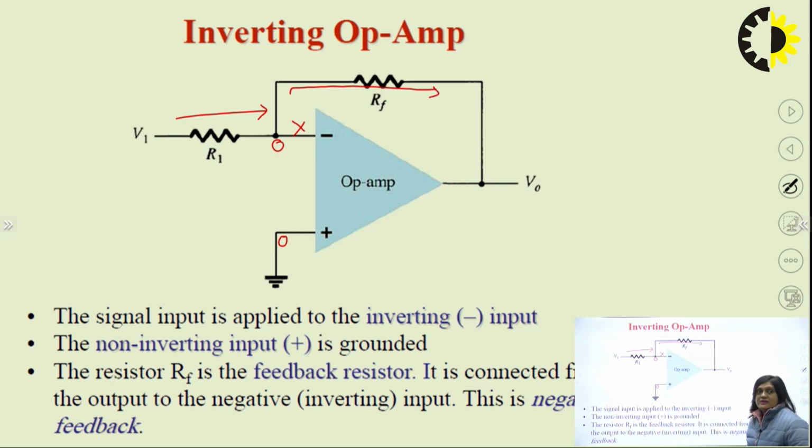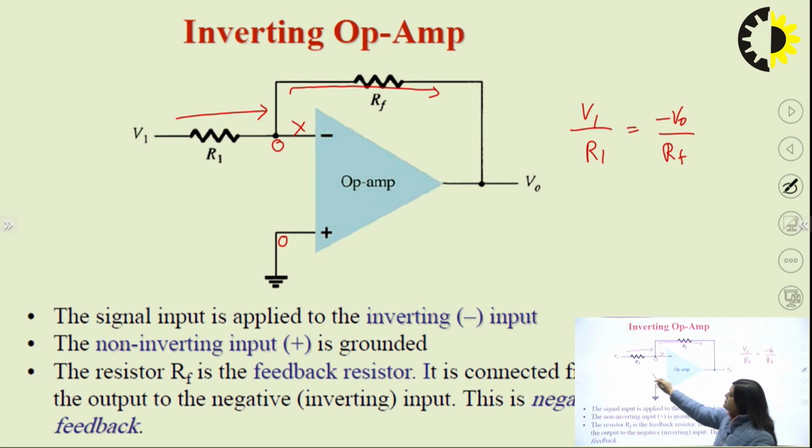So by applying KCL, we have V1 upon R1 is equal to minus V0 upon RF, because (V1 minus 0) upon R1 is equal to (0 minus V0) upon RF.